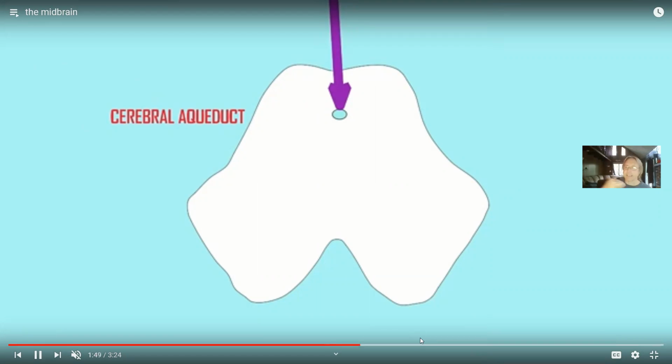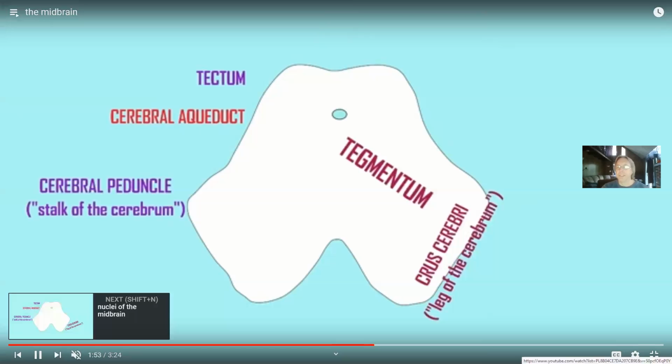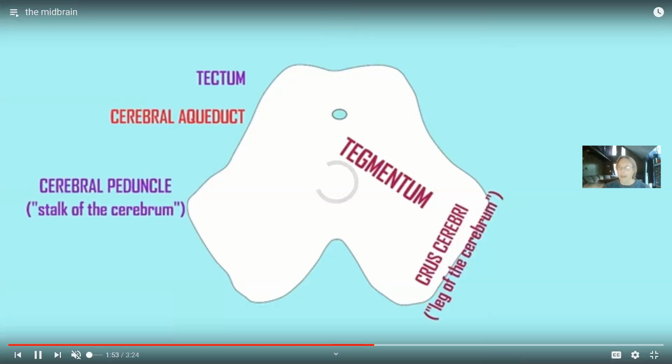And when we look at a section of the brain like this, it depends on how the section is made. So at one level, you would see the superior colliculi, and at another level, you would see the inferior colliculi. And if you were in the isthmus region, then you wouldn't see the colliculi at all. So as we go down the brain, what type of transverse section we make at what level determines which nuclei we will see.